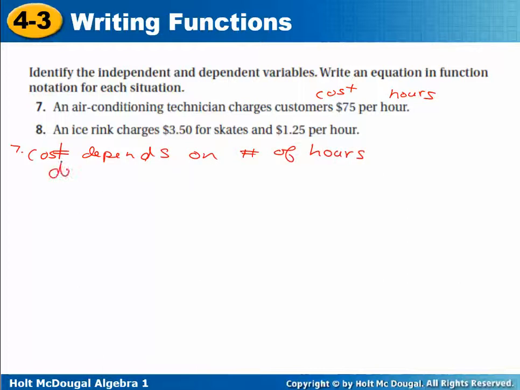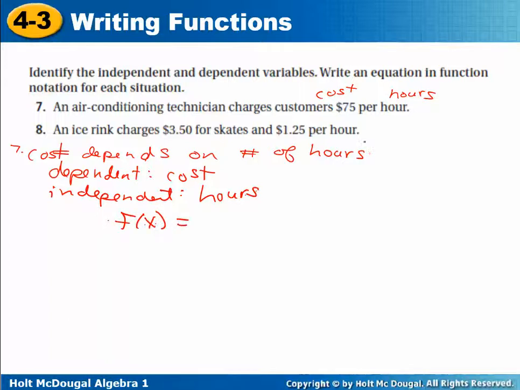So your dependent is cost, because that came first, and your independent is hours. Now you have to write an equation. So instead of y, we'll use f of x equals, well, it's $75 per hour. If I'm calling that my x, it would be 75 times x. That's it. That's all you have to do for this.